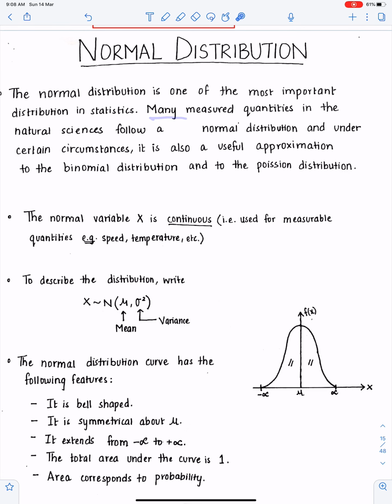Many measured quantities, for example speed, time, height, length, distance, in the natural sciences follow a normal distribution. Under certain circumstances, it is also a useful approximation to the binomial distribution. You can solve the lengthy questions of binomial distribution through normal approximation and to the Poisson distribution. You'll do this in S2.